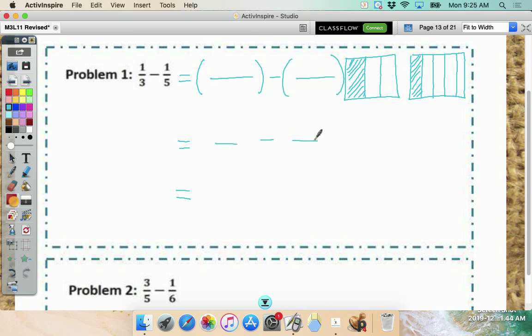What's the common denominator for 3 and 5? 15. Can you solve this problem? Try not to look up until you're done.